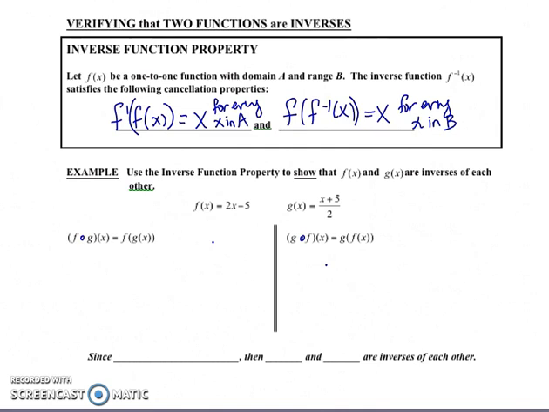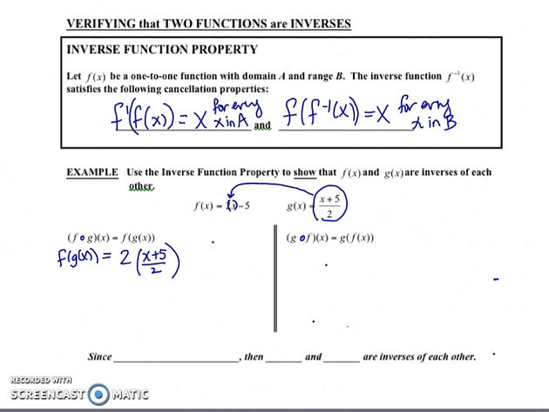So f of g of x means that we're going to take our g function and plug it into our f function. So for the first one, we're going to take this x plus 5 over 2 and plug it in right here for our variable in the function. So f of g of x is going to be equal to 2 times x plus 5 divided by 2, minus 5.